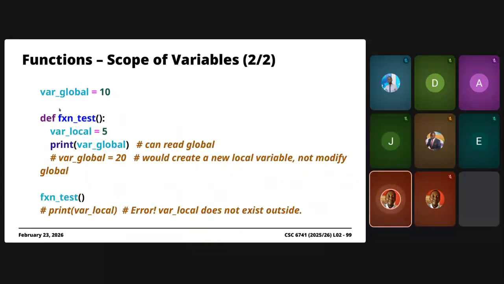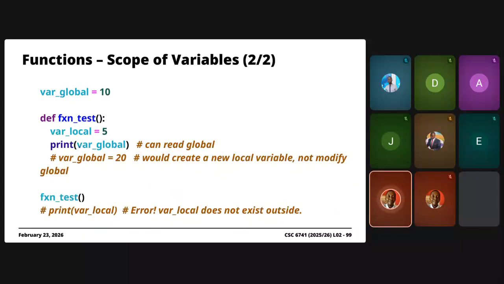So in this example, we define a variable var_global, which is 10, and then we define a function fxn_test. Within the function, we define a local variable 5. This function is defined in such a way that it must print var_global. In here, we have access to this global variable 10, so we'll print 10 if we invoke the function.